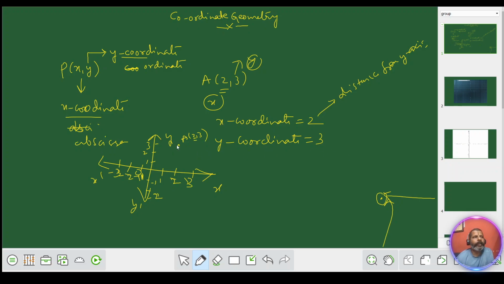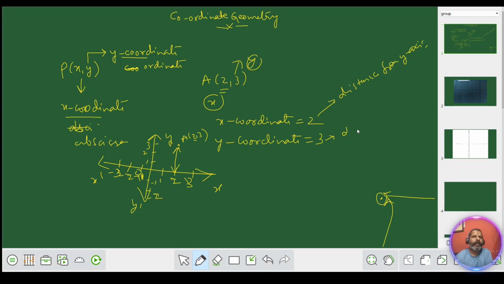Similarly, y coordinate is nothing but how far the point is from x axis. This height is nothing but your y coordinate, because y axis is a vertical line. So point height from x axis is nothing but the y coordinate value. That is, distance from x axis is your y coordinate value.